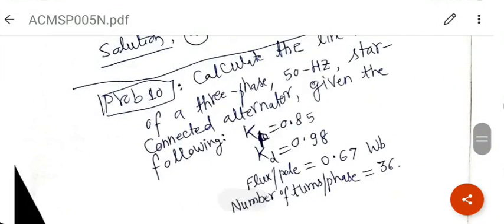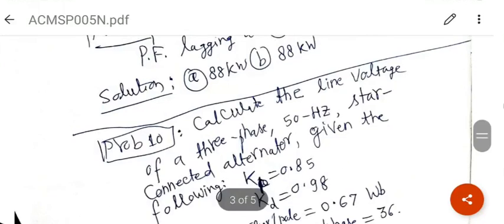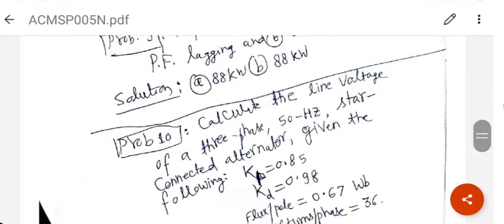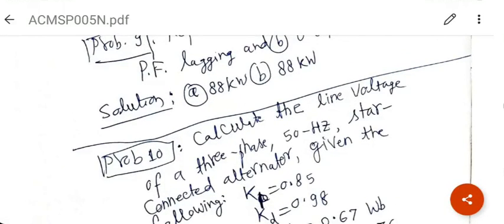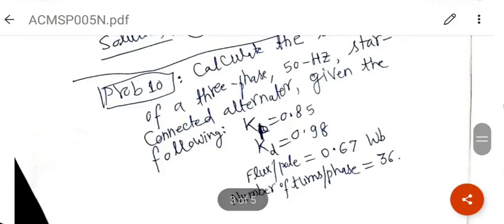Next one, we have done something similar previously, but let me again read this. Calculate the line voltage of a three-phase 50 Hertz star-connected alternator given the following. Kp is an empirical constant which depends on the pitch of the windings being used.